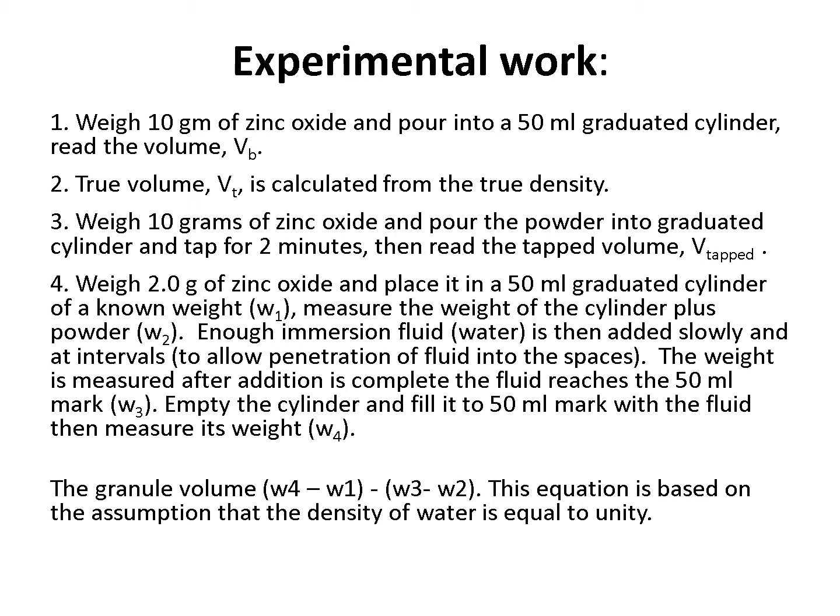So the first subtraction W4 minus W1 gives me the weight of 50 ml of water, near 50 because the density of water is 1, minus the weight of water between the particles and above up to the mark. So it's like subtracting the weight of water from the weight of water.